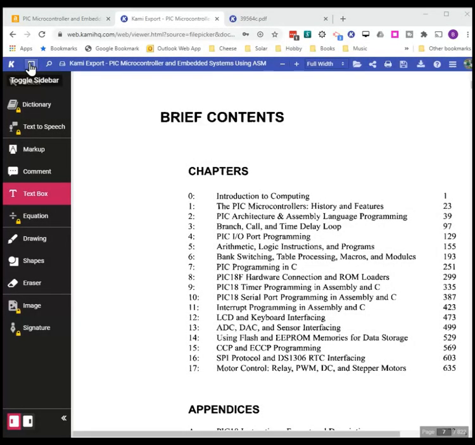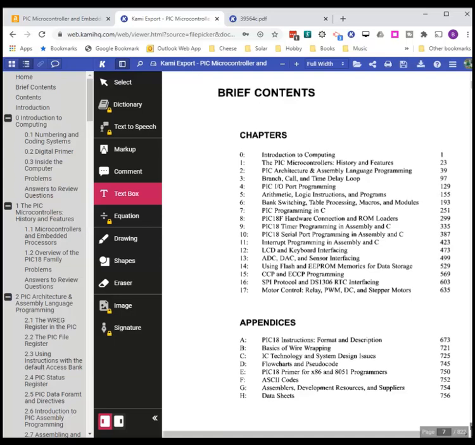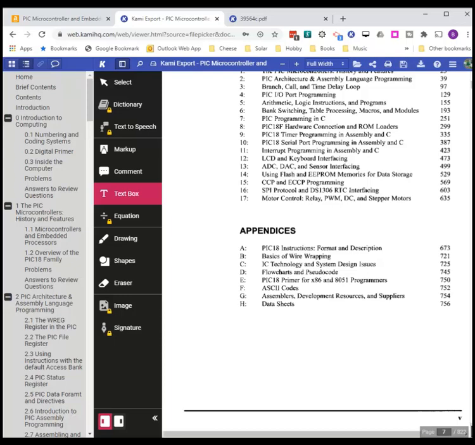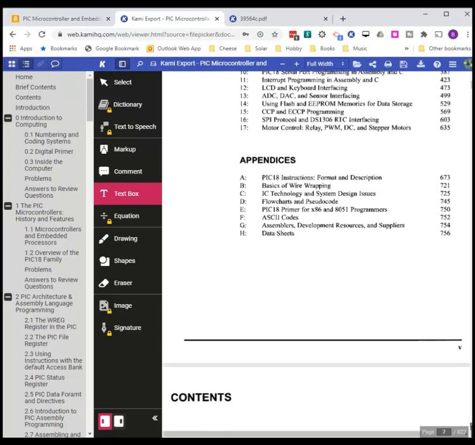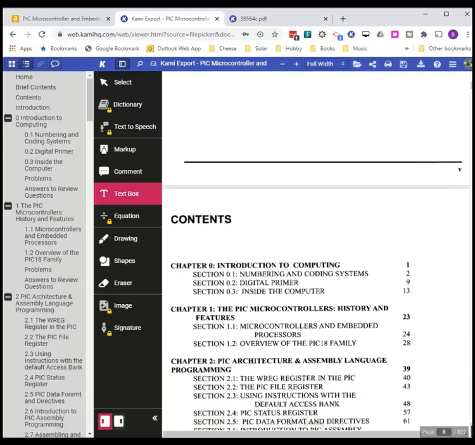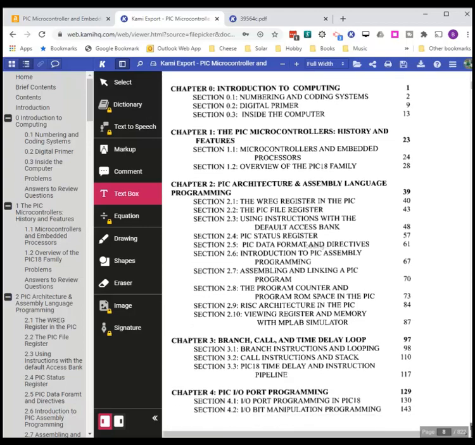The textbook, PIC Microcontroller and Embedded Systems Using Assembly and C for PIC 18 by Muhammad Ali Mazidi, provides the background needed to support learning while also referring to the PIC 18F452 datasheet. There are over 800 pages of textbook to assist your learning, plus more than 300 pages of datasheet.